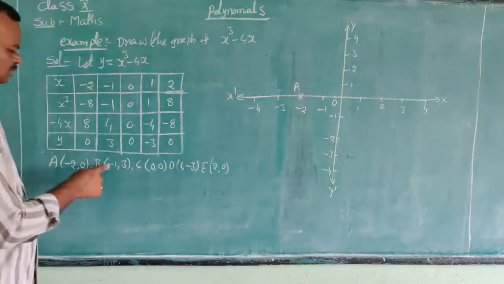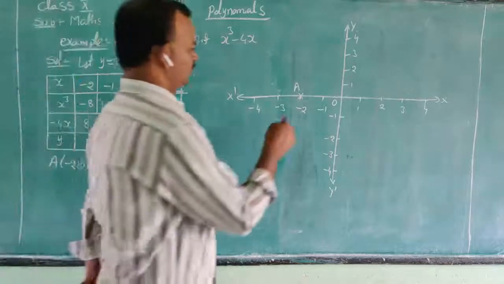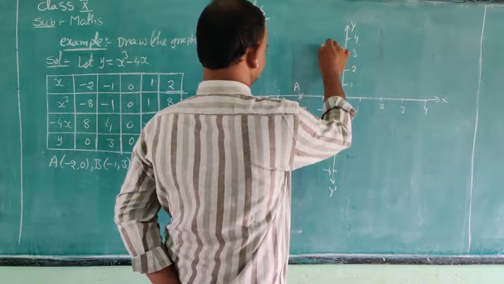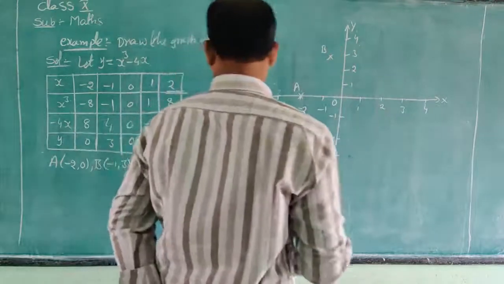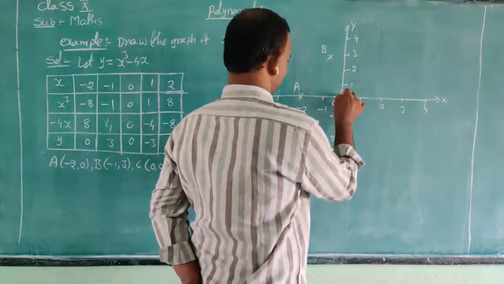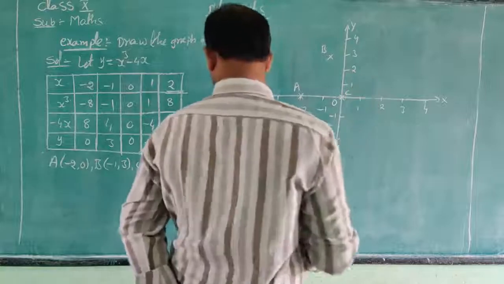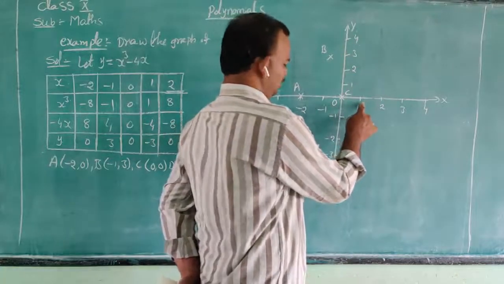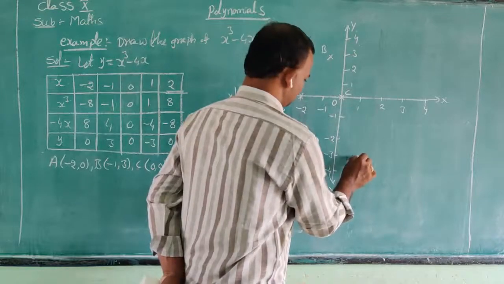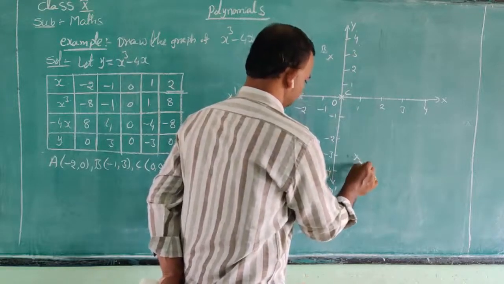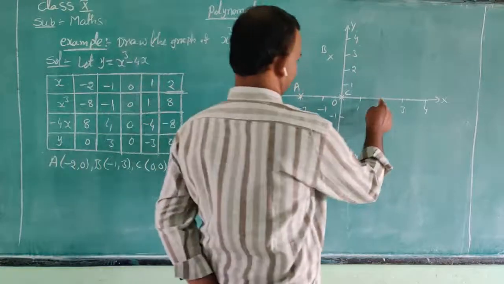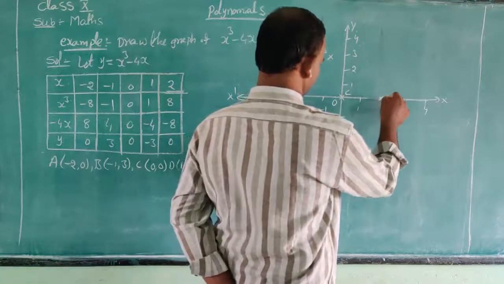And B, minus 1 comma 3: x value is minus 1, y value is 3. And C, 0 comma 0. D, 1 comma minus 3: x value is 1, y value is minus 3. Next, E, 2 comma 0: x value is 2, y value is 0.